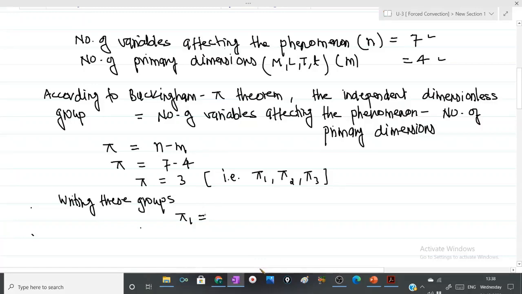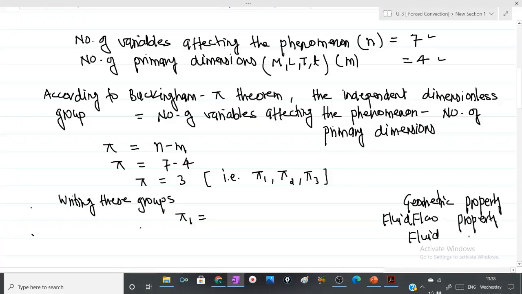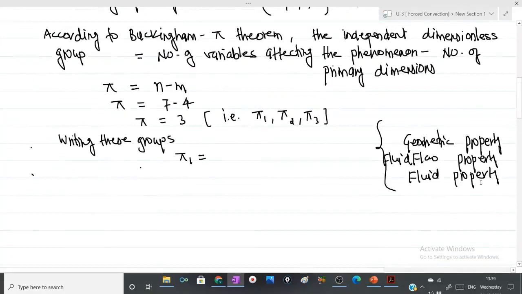So each independent dimensionless pi term must contain one geometrical property, then fluid flow property, and finally fluid property. So this way, the different variables are chosen to form dimensionless independent groups, that is pi terms.